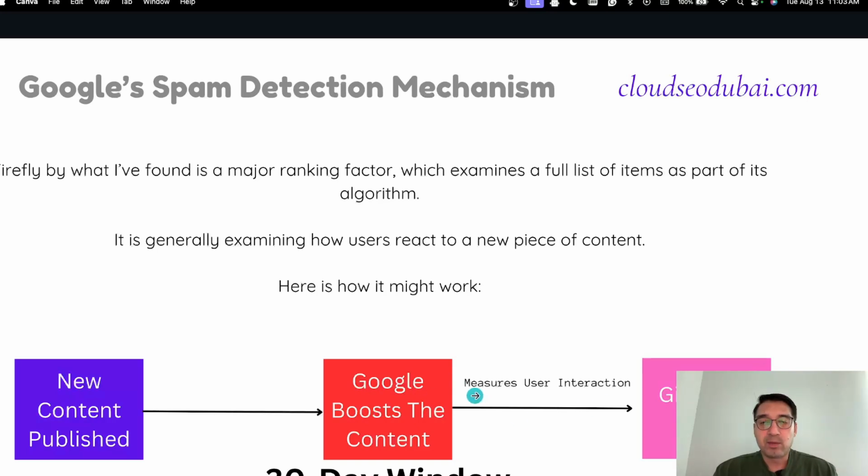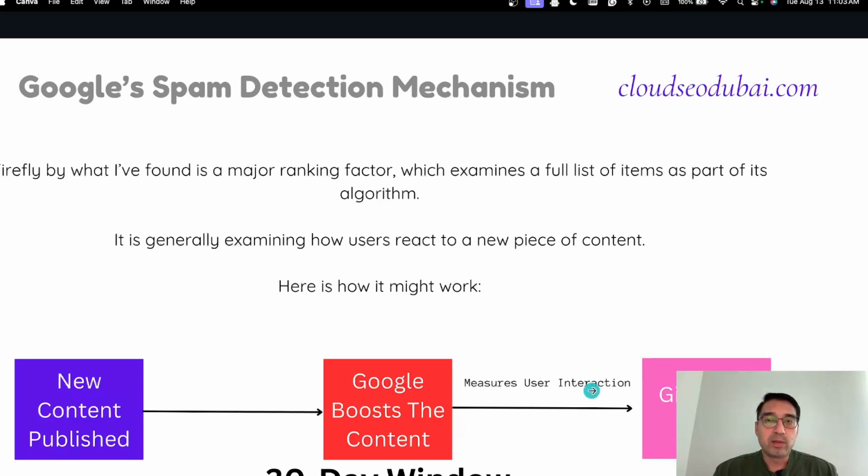During this time, Google is measuring user interaction with that piece of content. After that has been measured, it will award that content a score. Now, if the interactions were highly positive, that score will be higher, is what we assume, because we don't know exactly how Google is scoring this. And if the interactions are not positive, the score is going to be lower.